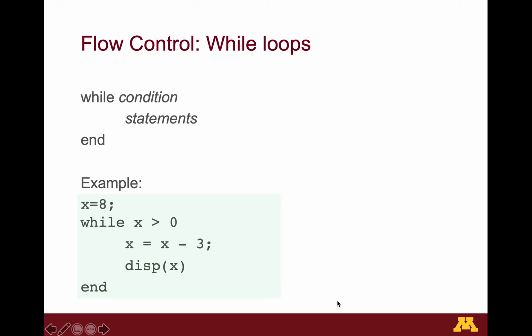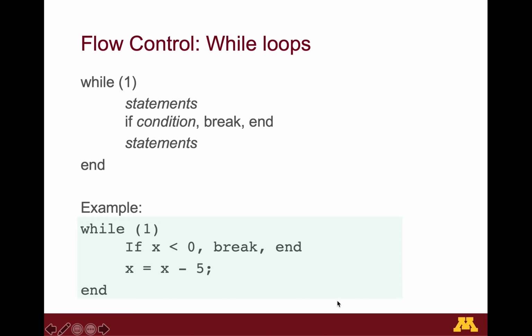An example is like the following: x is given 8, and while x larger than 0, we will do x equals x minus 3, which is to deduct 3 out of x, and display this x. We can see that once x was subtracted by 3 times, it will be minus 1. And by that time, this while loop will end.